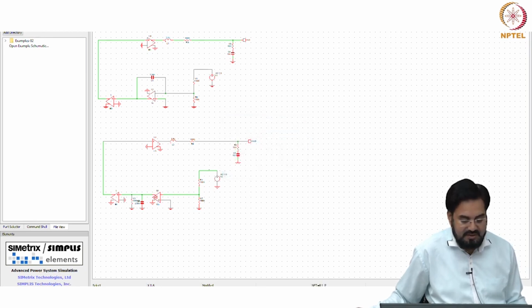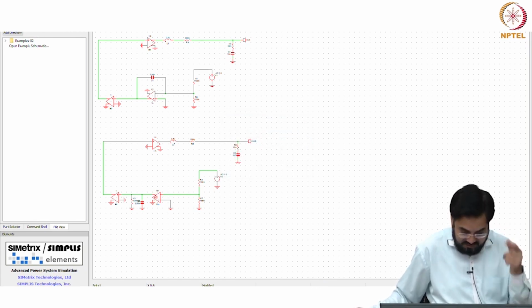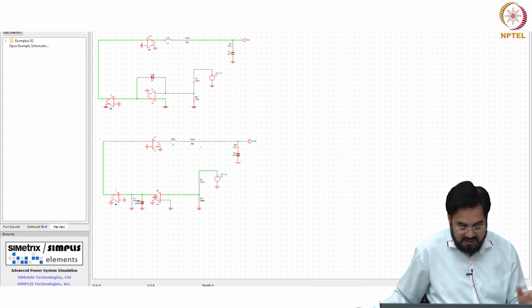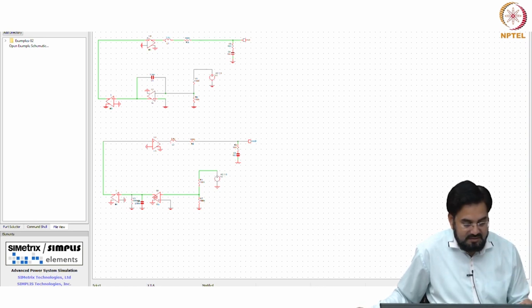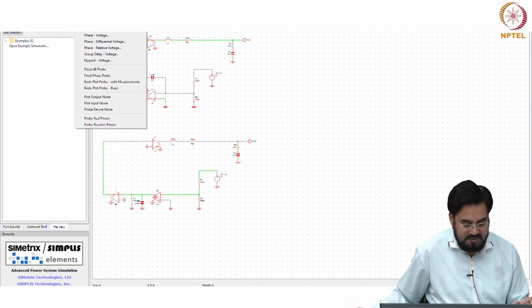So, I have broken the loop here. So, 3.3 and 100 milli inductor and R loss. So, we designed it for gain margin of 20 dB and which will be around resonance, okay. Probe.